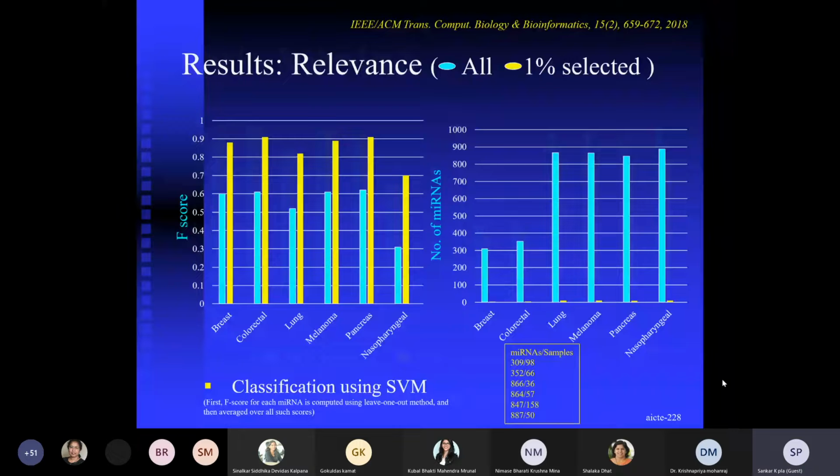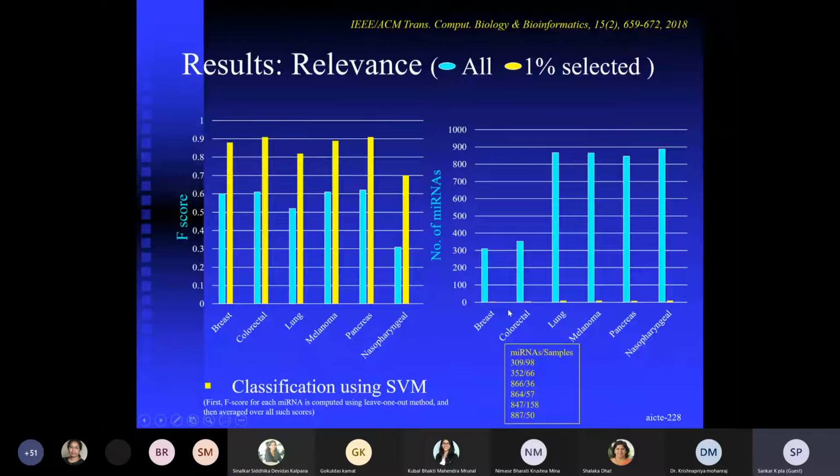Now you can see the results of this relevance for these 6 cancer types of data. We take all those microRNAs, with the number of microRNAs I mentioned, 309, 360, etc. And I take the top ranked 1%, marked in yellow. You see that the top ranked is 98.